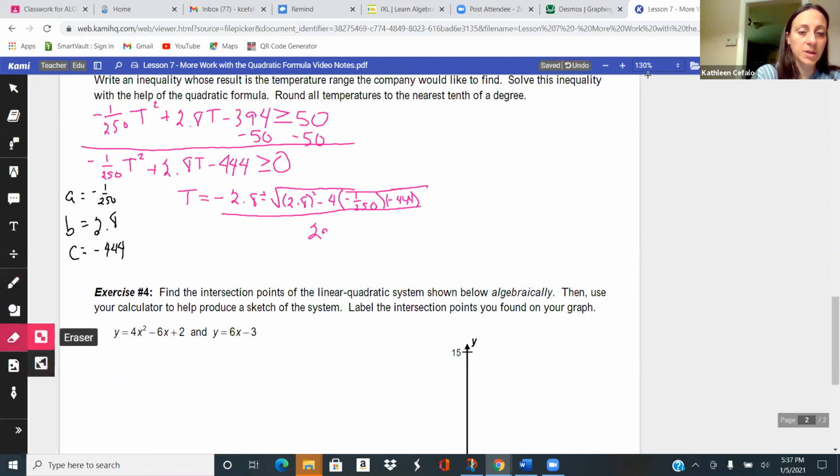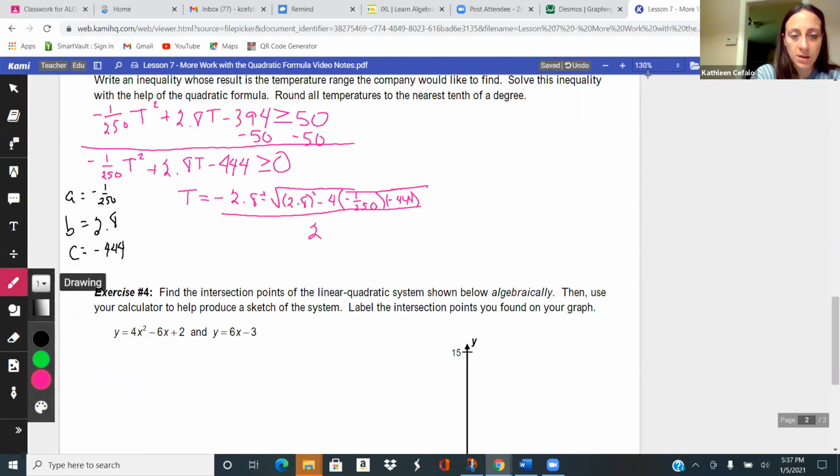Oops, and our a value we know is negative 1 over 250. So I can't stress enough the importance right now of using your calculator, using the parentheses around the fraction, entering this in and checking this. And please make sure that when you check this and you plug this in, you're getting the answer that I'm putting up here.